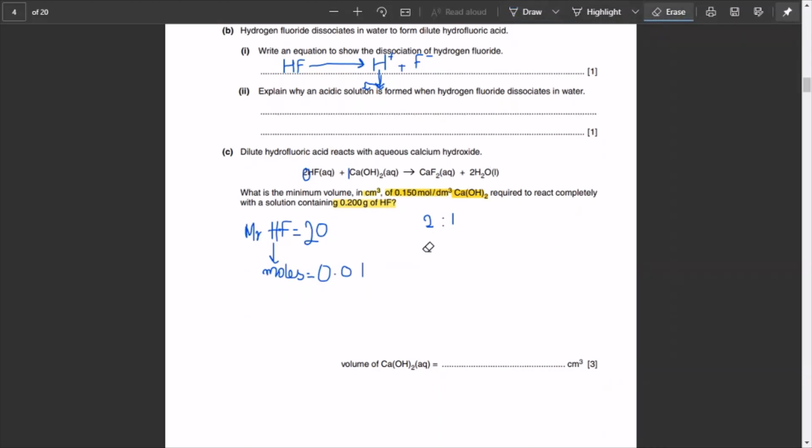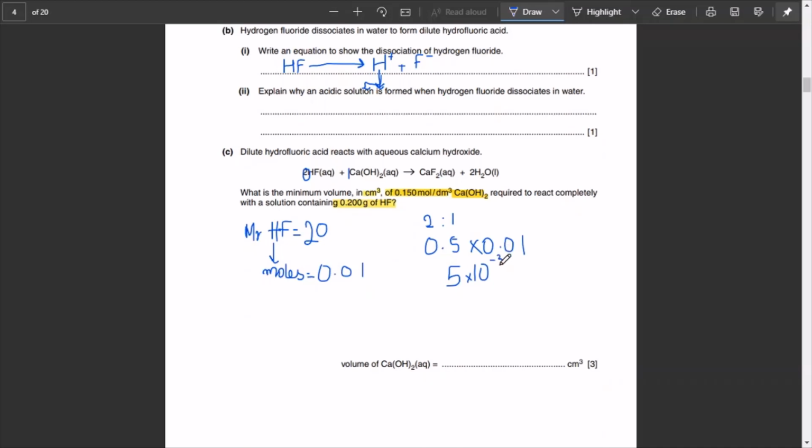I'm really sorry for this delay, but it's really lagging a lot. 0.5 into 0.01, and we'll get the answer, which is going to be 5 into 10 to the power minus 3. These are the moles that we have.